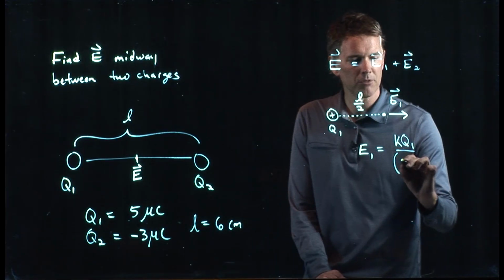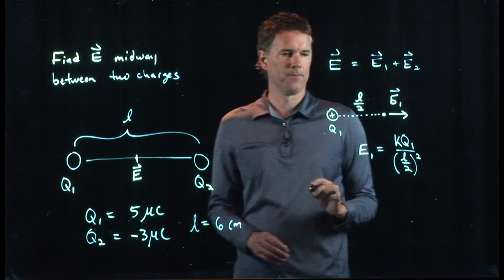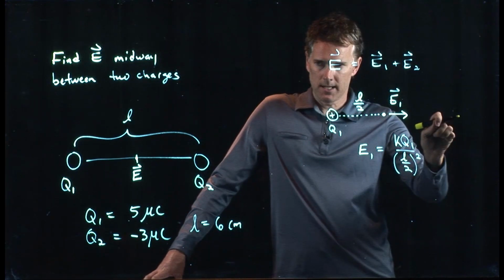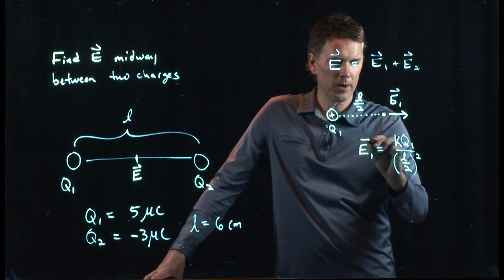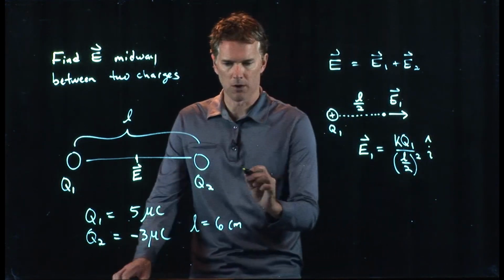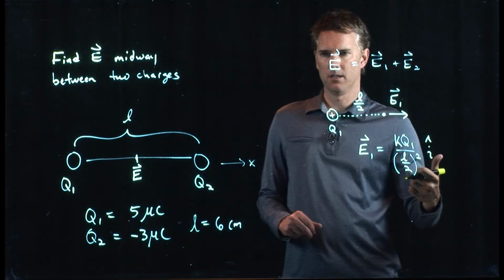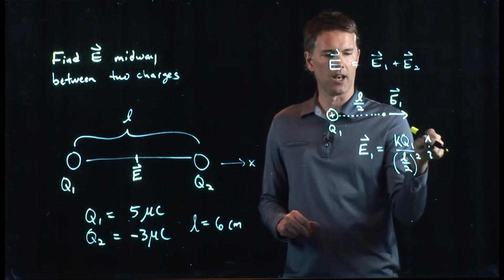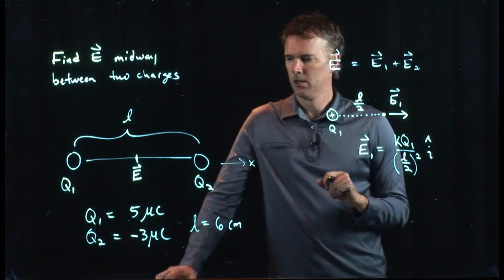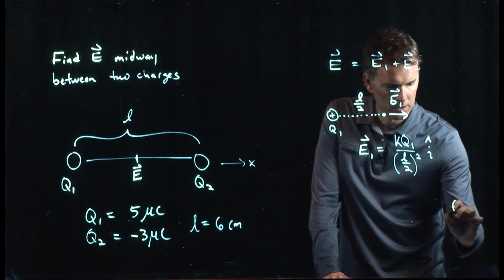And so that becomes L over 2 quantity squared. And that is pointing to the right, and so we need to give a direction to it. I hat. We'll call this the x direction. So to the right is positive. That's an I hat.